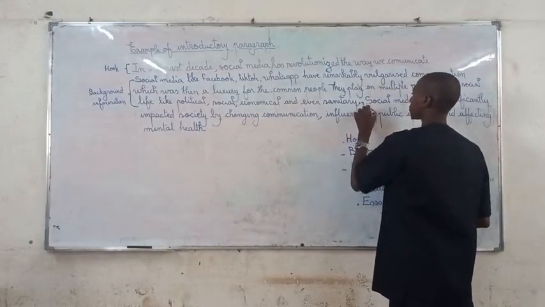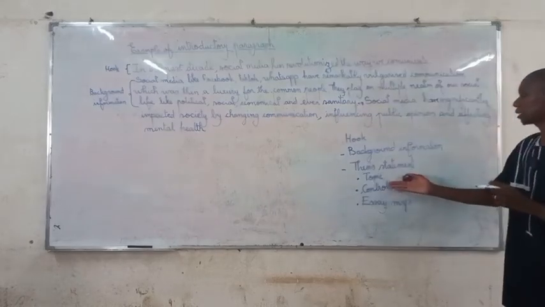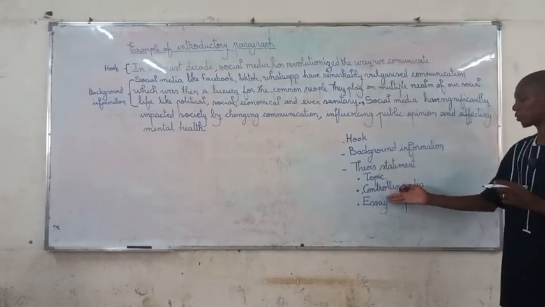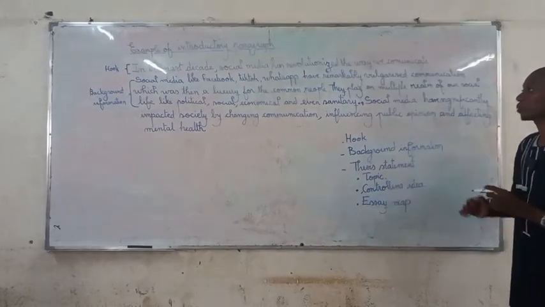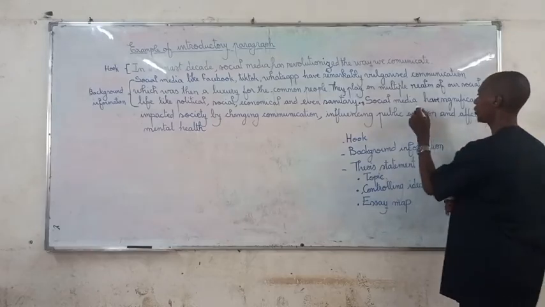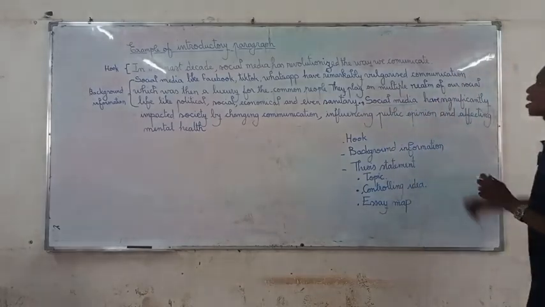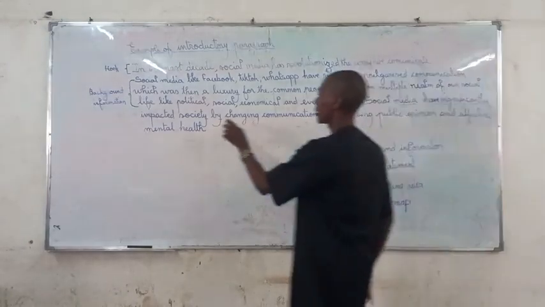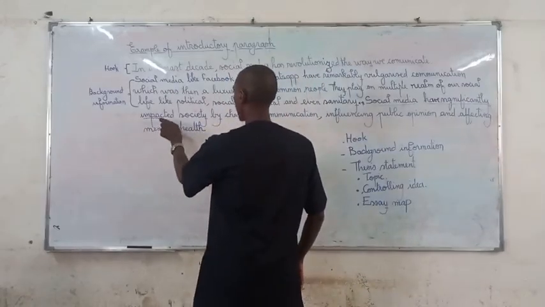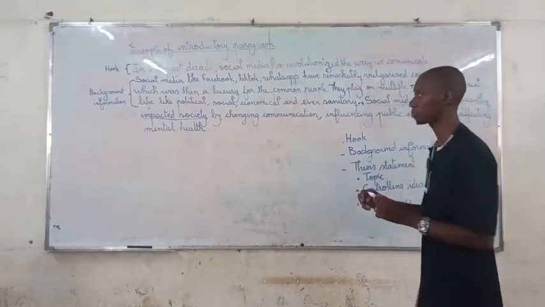It starts here. This thesis statement, we said it's composed of the topic, the controlling idea, and the essay map. Now let's investigate if we have those three here. Here is my topic. Have significantly impacted society. This is my controlling idea.